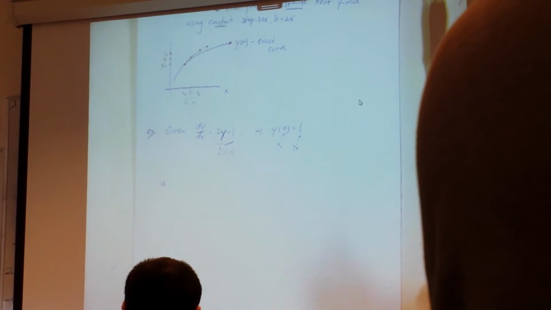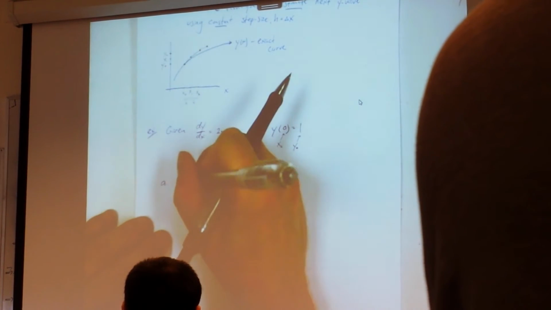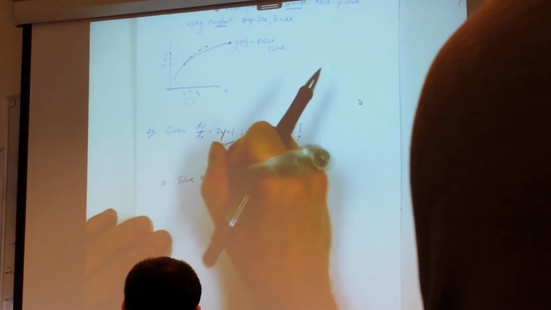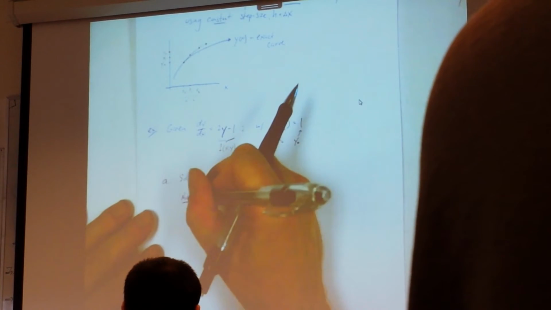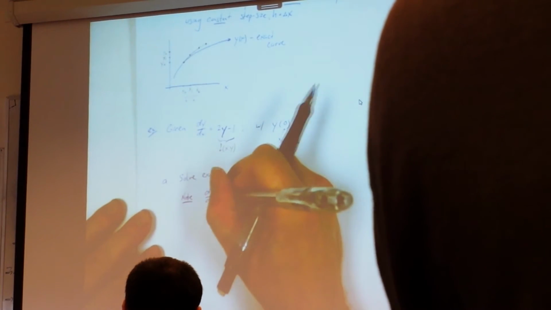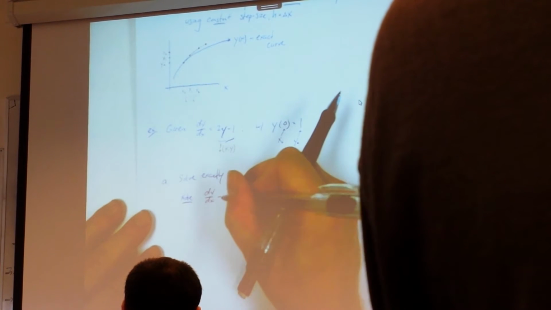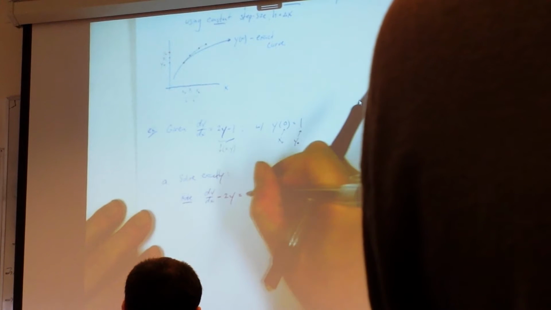Okay, so first off, we're going to solve this exactly. One thing to note about this, and this will be a good review: I can write this as dy/dx minus 2y equals -1.